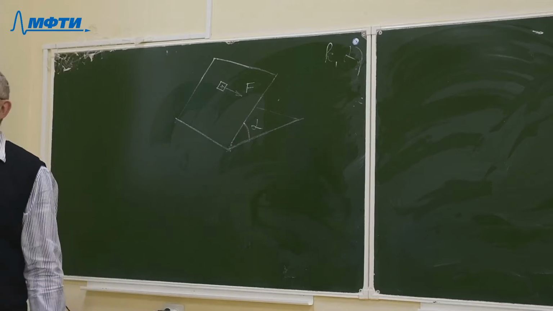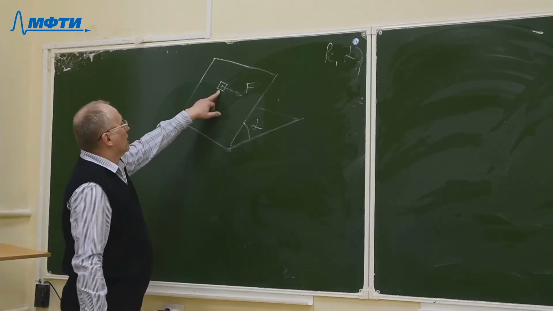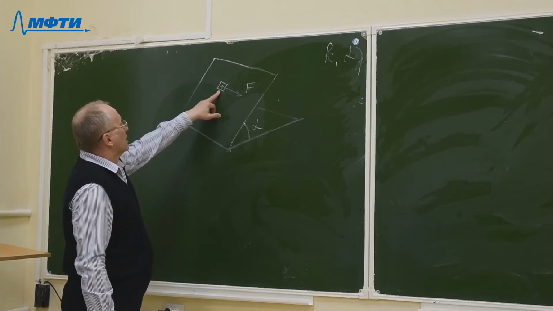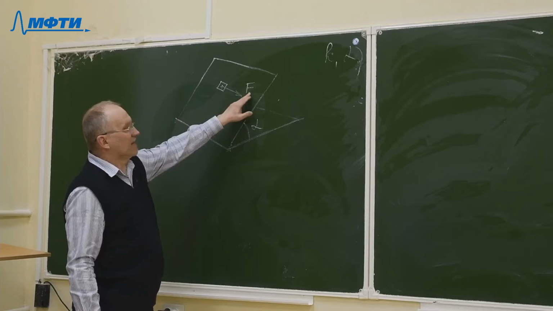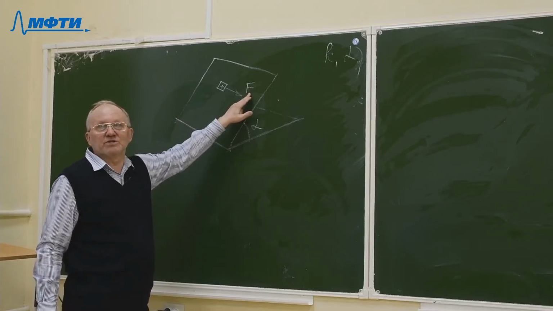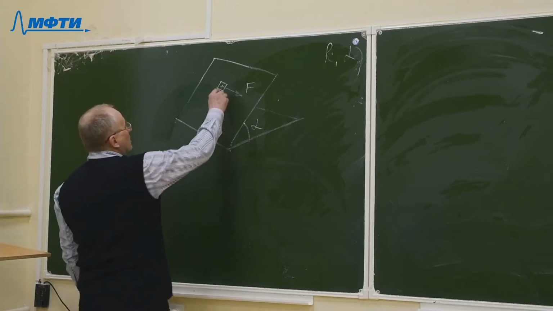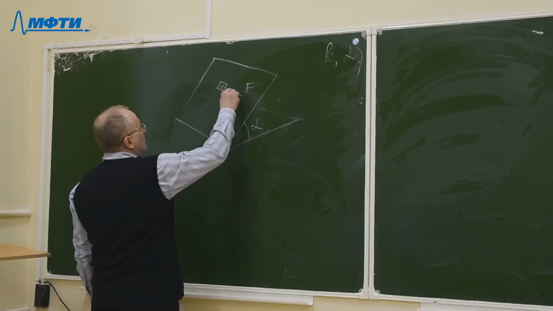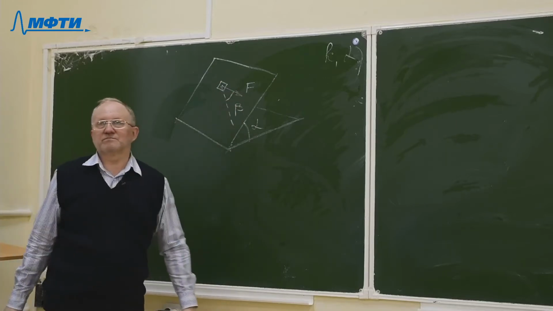Sooner or later, we will be able to move the body. And the first question is, what is the value of this minimum force which is needed to move the body? And the second question, at what direction, at what angle beta, will the body start its motion?